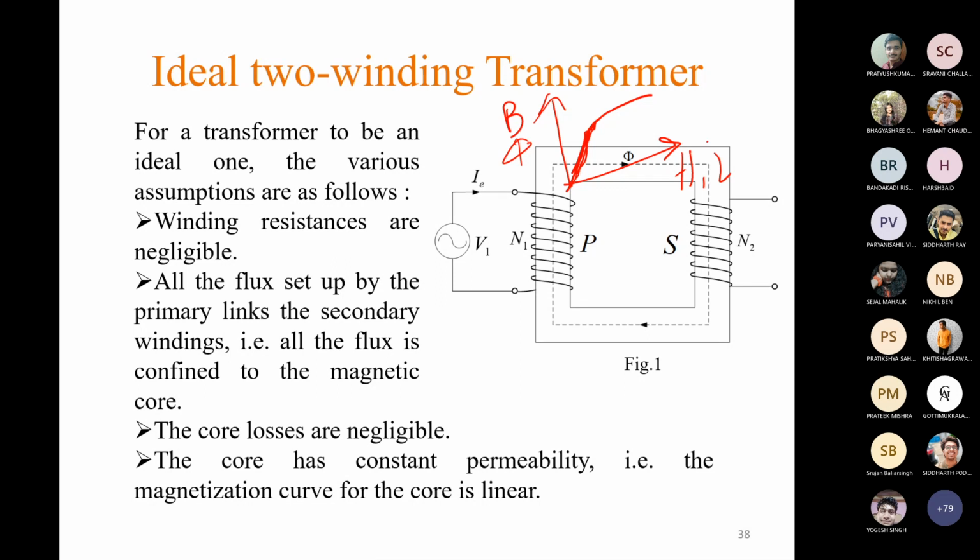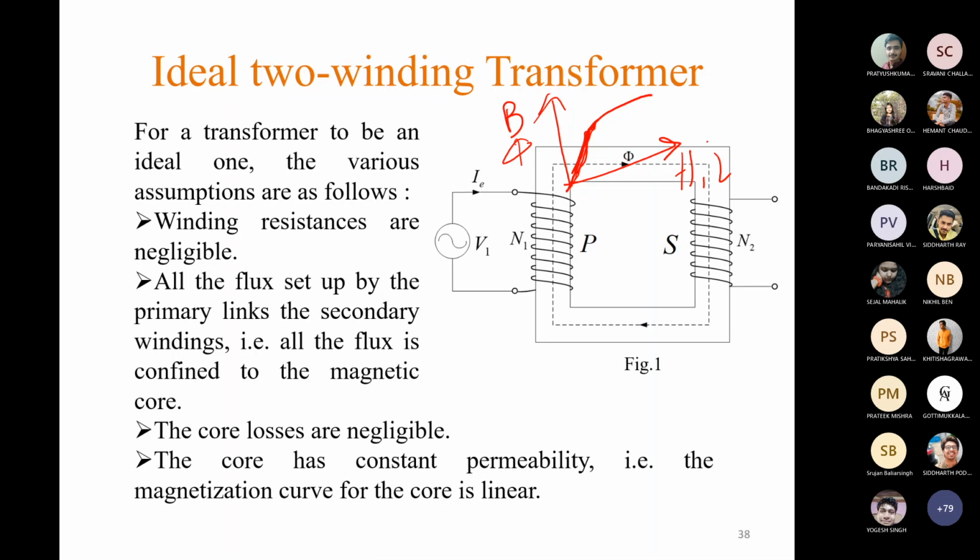But in any practical transformer, there will be some winding resistances, some leakage flux, and some core losses. And the fourth assumption, that the magnetic permeability of the core has a constant value, meaning its magnetization curve is linear, is also not true.